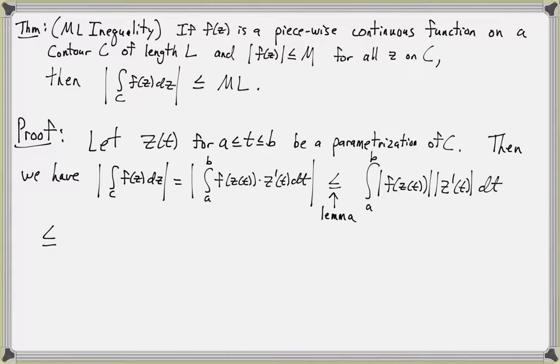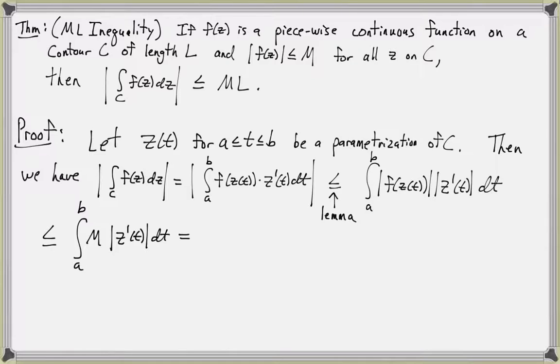Now we're using our assumption that f is always less than or equal to capital M along the contour C. So this integral will be less than or equal to the integral from a to b of capital M times the absolute value of z prime of t dt.